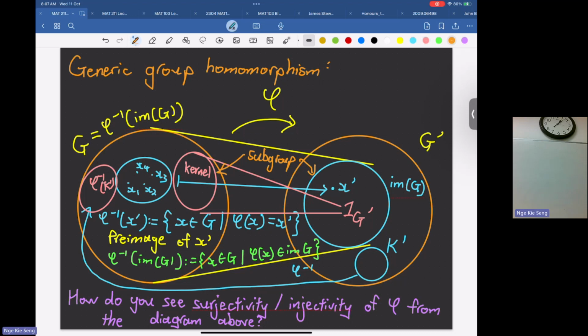So there are three ways to get a subgroup using a homomorphism. Any question? This is what we proved last lecture: the kernel of a homomorphism is a subgroup, the image of a homomorphism is a subgroup, and the pre-image of a subgroup is a subgroup. Any question?